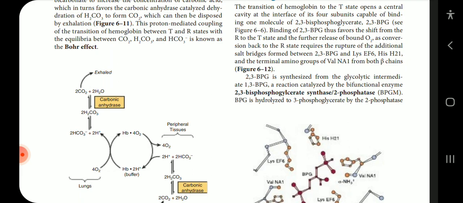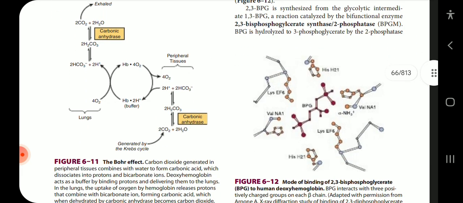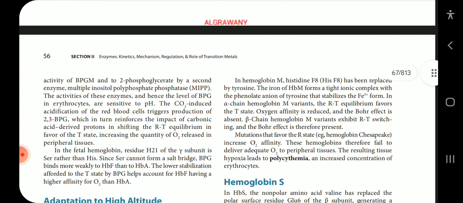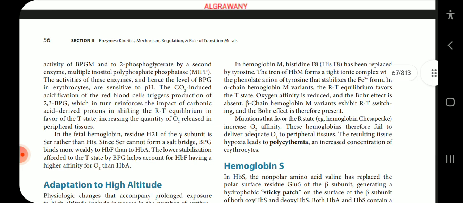BPG is hydrolyzed to 3-phosphoglycerate by the 2-phosphatase activity of BPGM and to 2-phosphoglycerate by a second enzyme, multiple inositol polyphosphate phosphatase, MIPP. The activities of these enzymes, and hence the level of BPG in erythrocytes, are sensitive to pH.